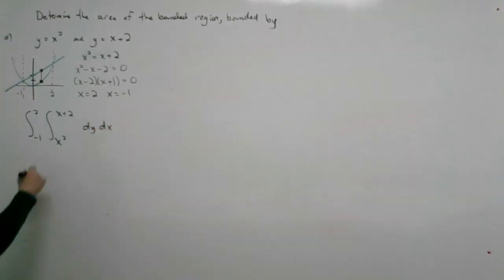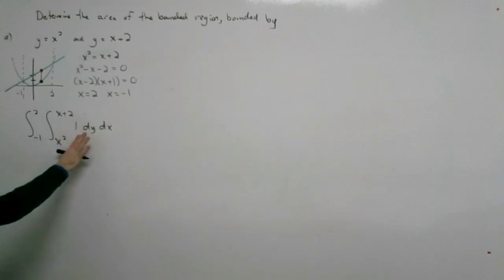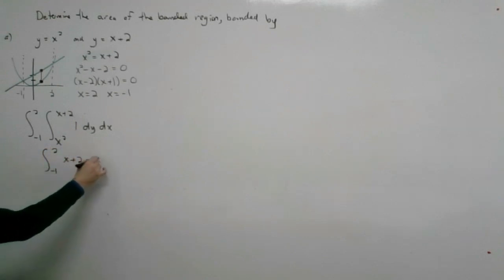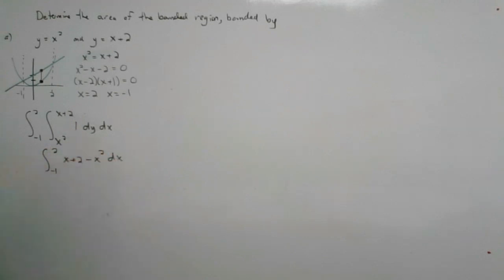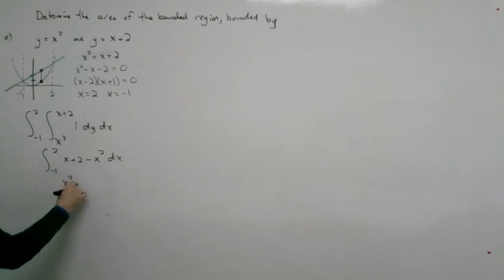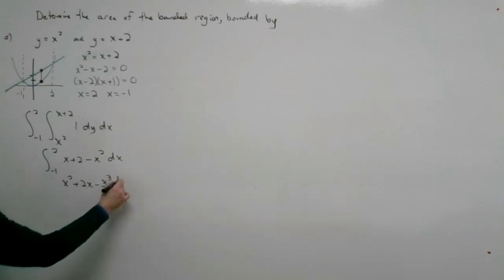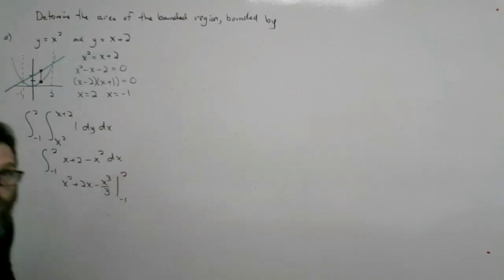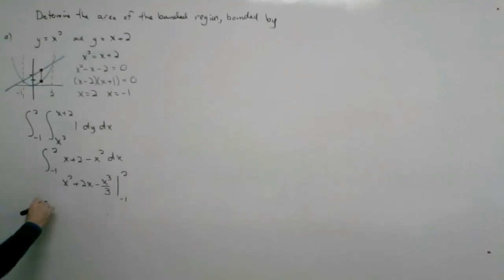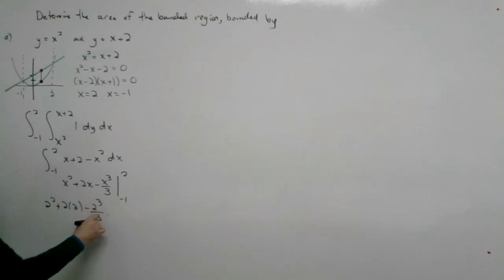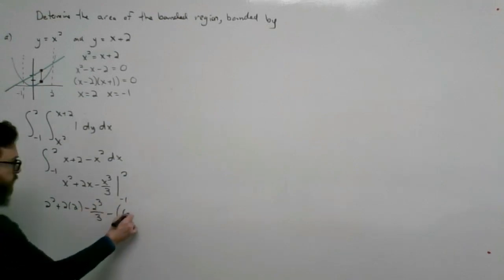So integrating this, the integral of 1 is going to be equal to y. So evaluating y at top and bottom, this is going to be the integral from minus 1 to 2 of x plus 2 minus x squared dx. And then integrating these, we're going to have x squared over 2 plus 2x minus x cubed over 3, evaluated from minus 1 to 2, which is going to give us 2 squared plus 2 times 2 minus 2 cubed over 3 minus, when you plug in, negative 1.